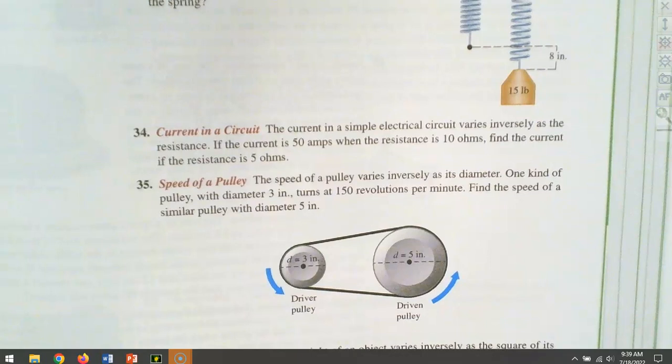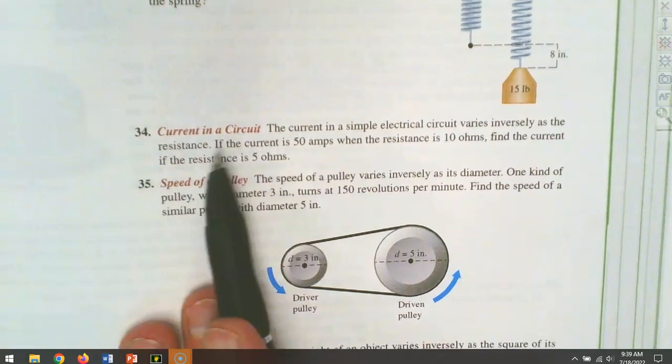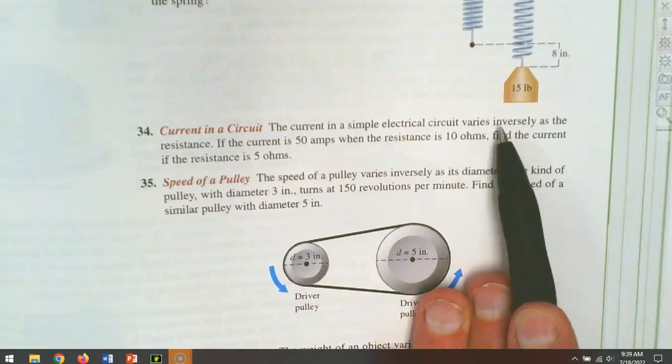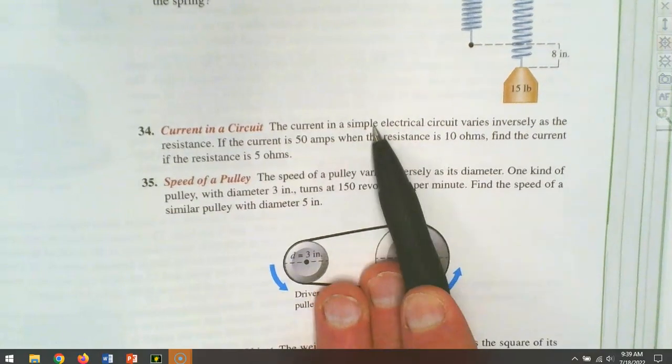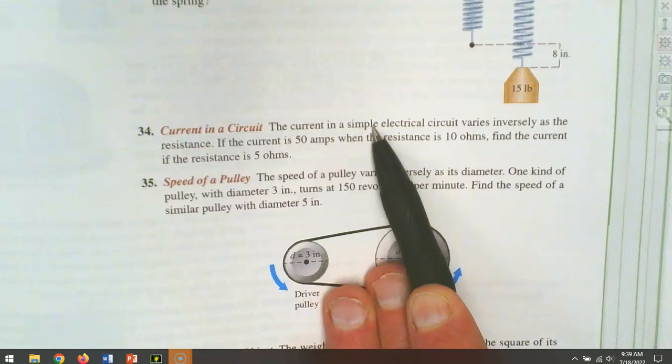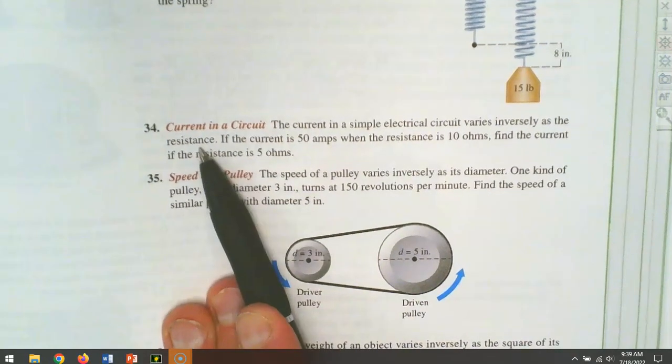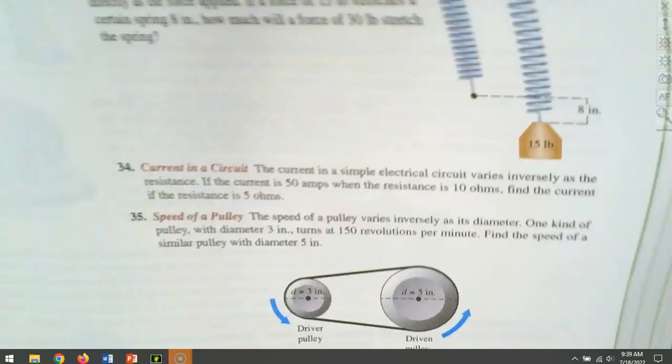We need to make sure that we set these up correctly. The current in a simple electrical circuit varies inversely. So we've got current going first, so that's going to be our first thing, varies inversely to the resistance. Now, inversely means we have a fraction.